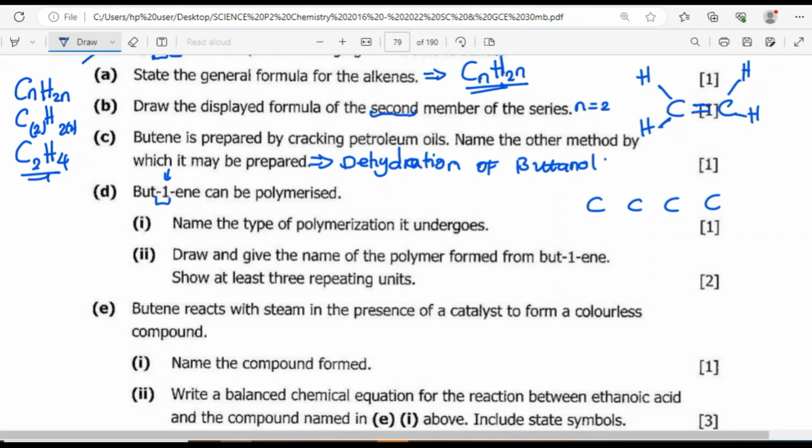Let's say this is carbon 1, carbon 2, carbon 3, carbon 4; you can number from left to right or vice versa. Whenever you are given a number, that is where the double bond is. So the double bond must be on carbon 1. That's what the number is telling you. So this is how our structure is.